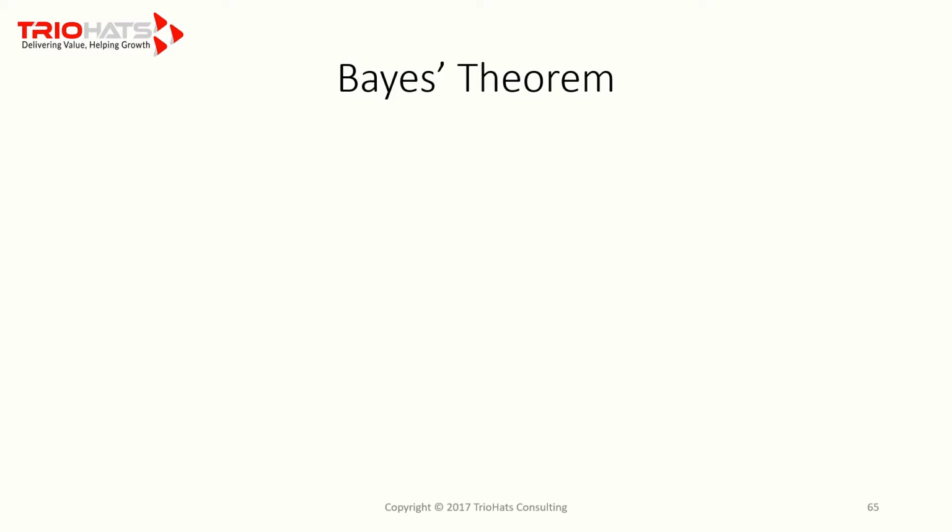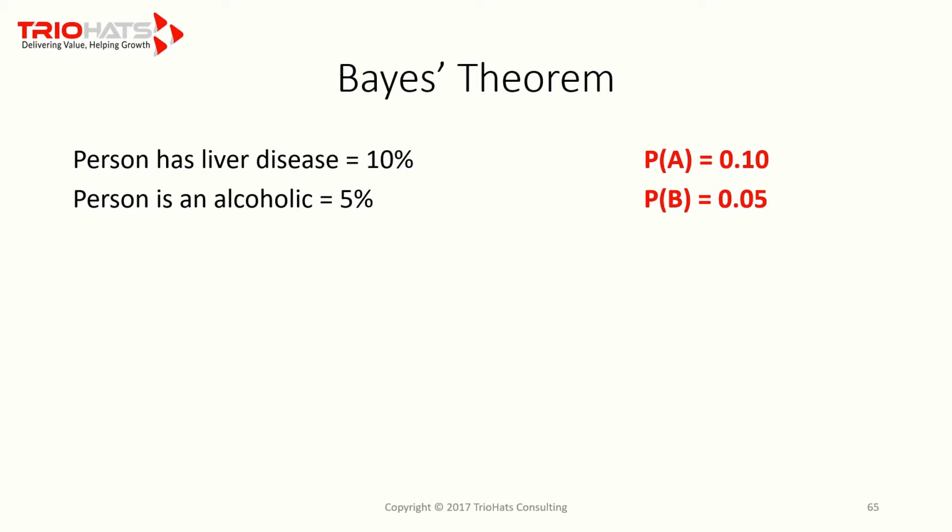So let's say we have a clinic and patients come to the doctor, and the probability of a patient having liver disease is 10%. So the chance of a particular patient having liver disease is 10%. And another patient comes who is an alcoholic.